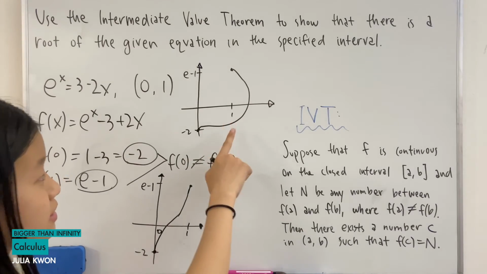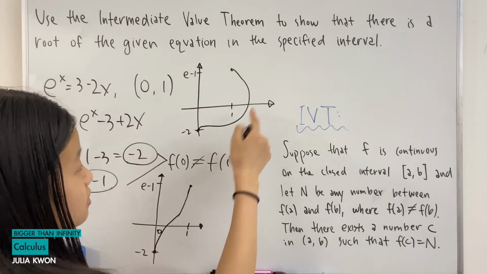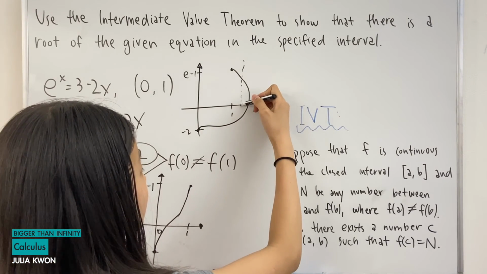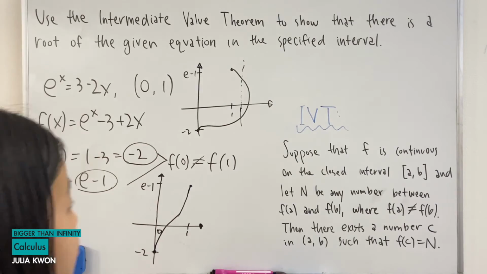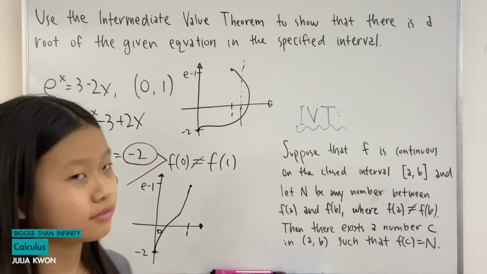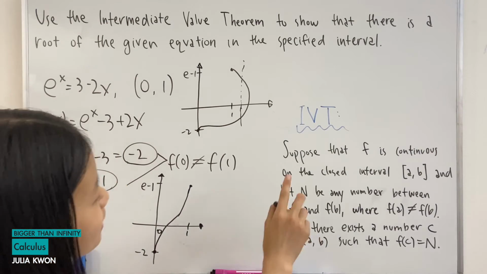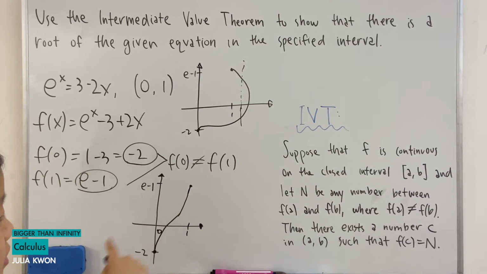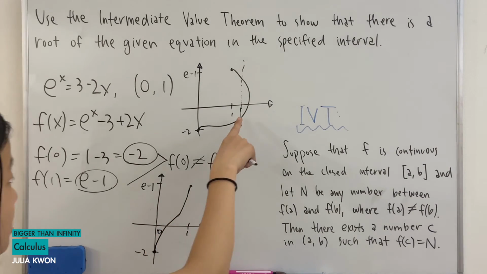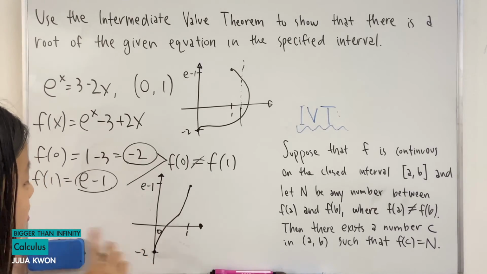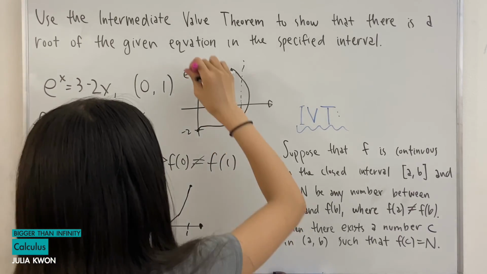But the thing is, this is not a function, because it doesn't pass the vertical line test. I don't know if that was right, but as you can see, this has to be a function. It has to be continuous. So this would not be right.